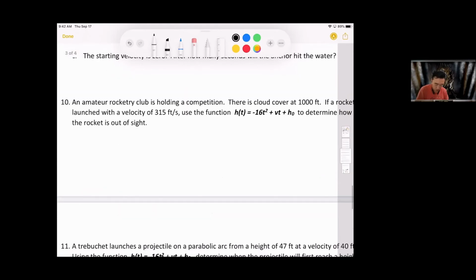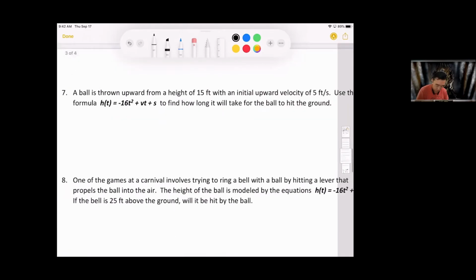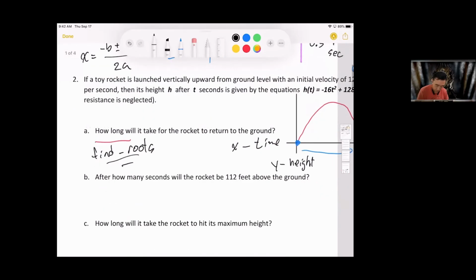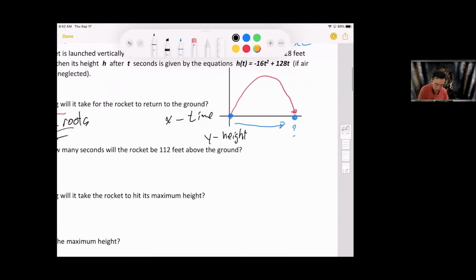So if we go back to our problem, that right there is going to be 8 seconds. Wait, but what do we do about the 16?